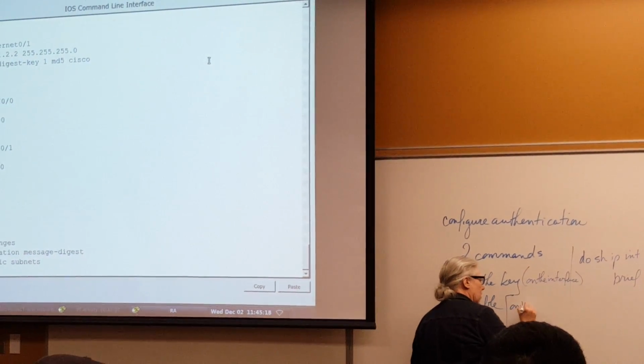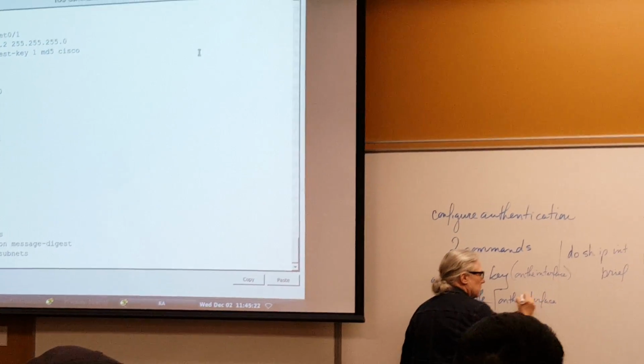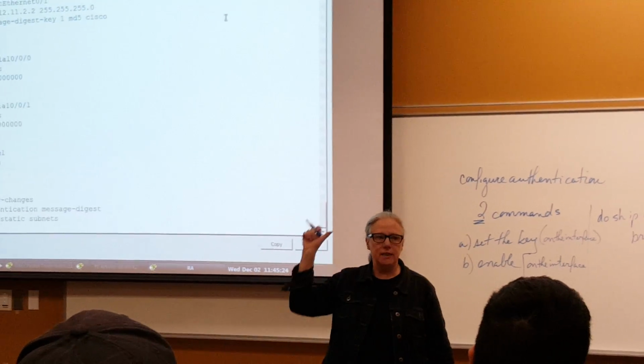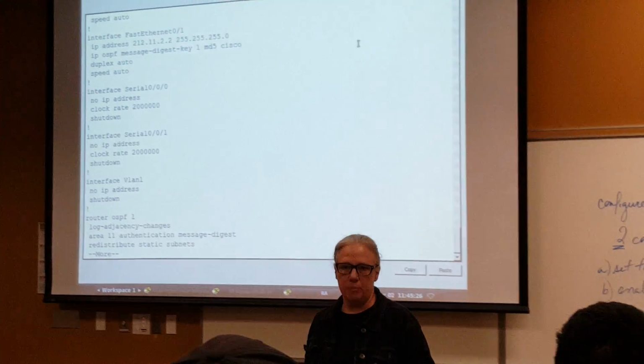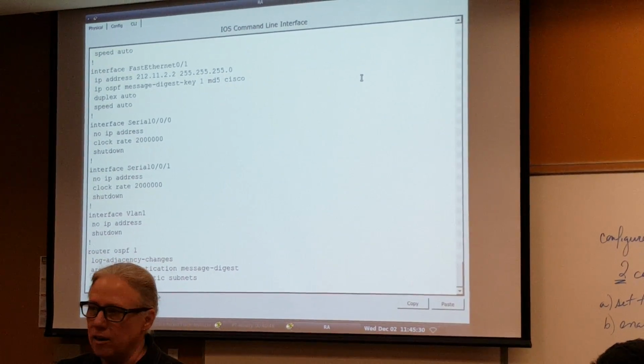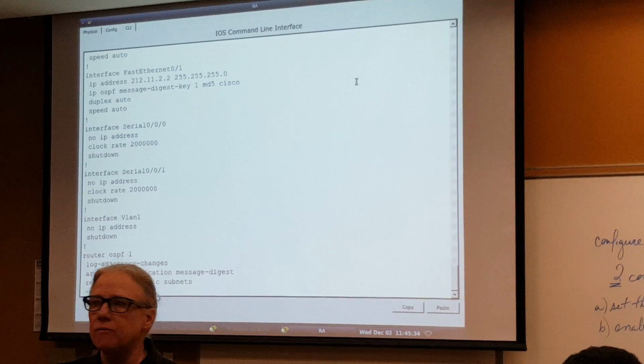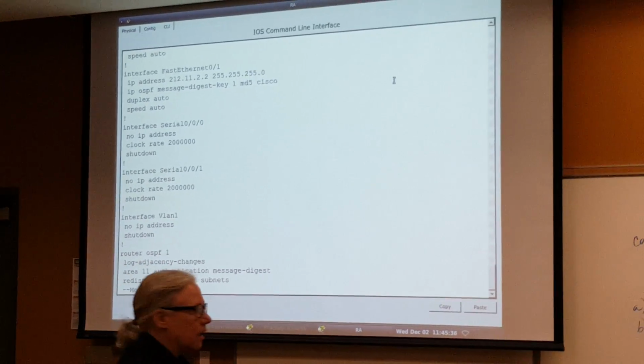It can be done on the interface, which is what we did on router B. We did the IP OSPF authentication message digest. It can also be done under the router OSPF for the entire area.